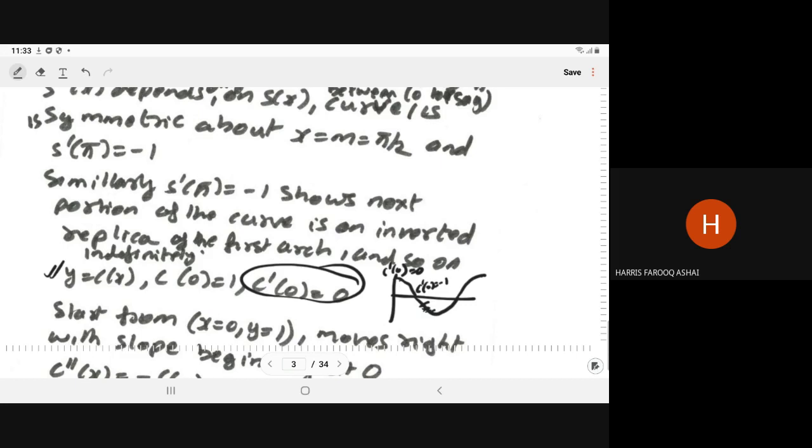Yes, sir, C is negative, minus C is positive, so C double dash is positive. Positive means the rate of change is positive, increasing. So from the -1 it starts to increase. When it becomes 0, it will change the direction.